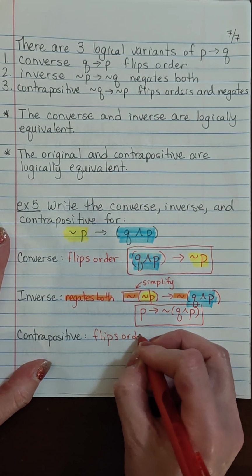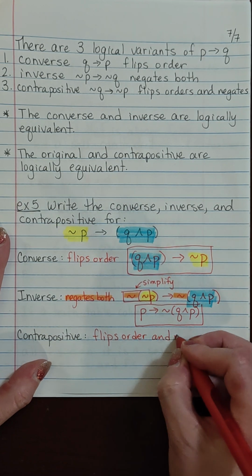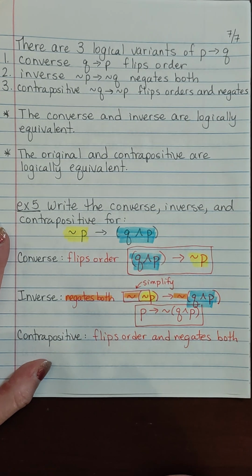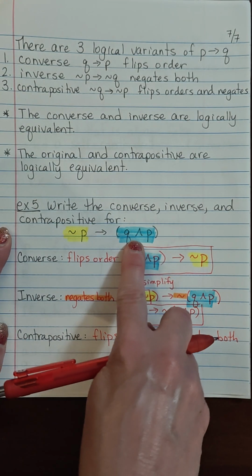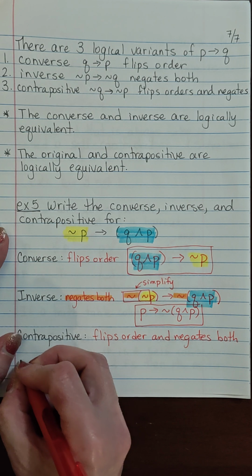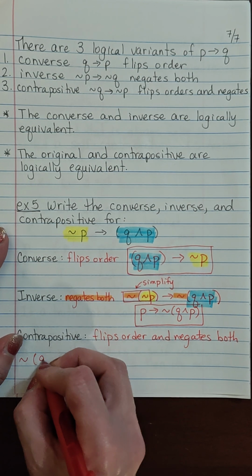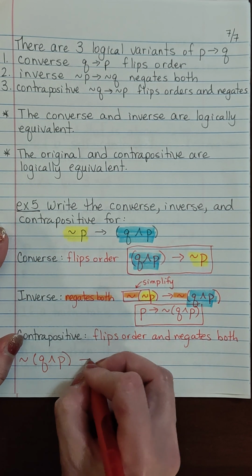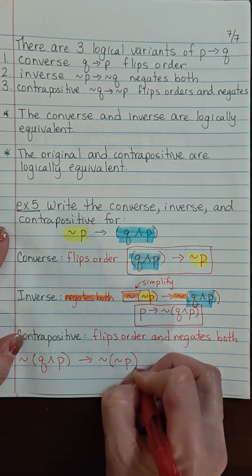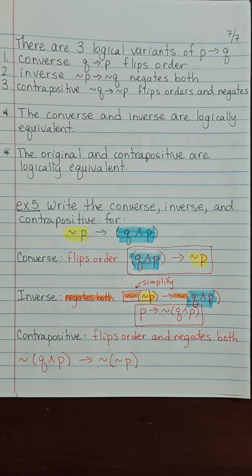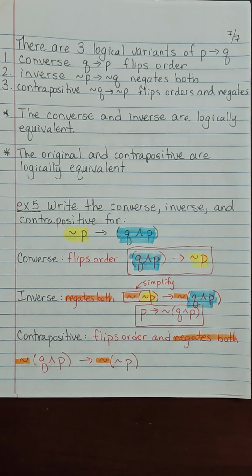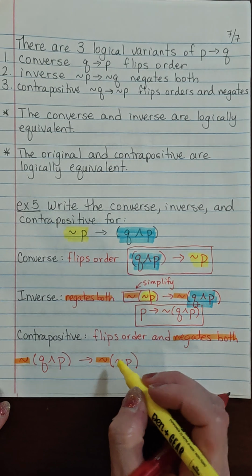So it flips the order and negates both. That means the blue is going to come first and it's going to be negated. So I've got the negation of the blue coming first, then I got the negation of that one. All right, so negates both, boom, boom, flips the order.